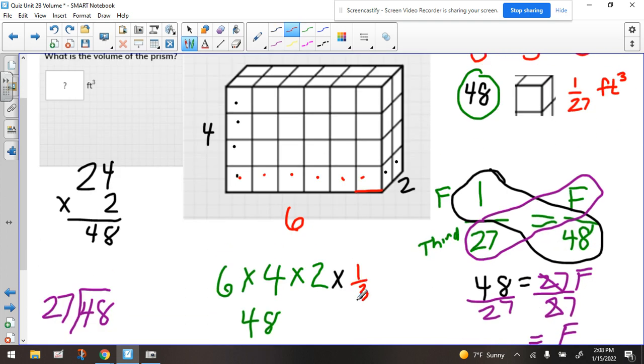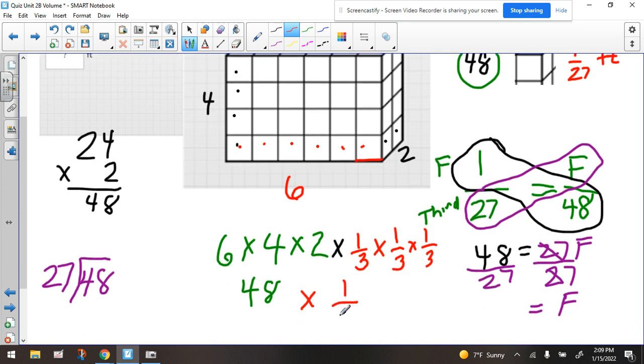Why? Because multiplying those red numbers gives us the volume of one of those little mini cubes, which we already know to be equal to 1/27th. If you find this product of 48 times 1/27th, doesn't that bring you back to this? You're doing the same thing.